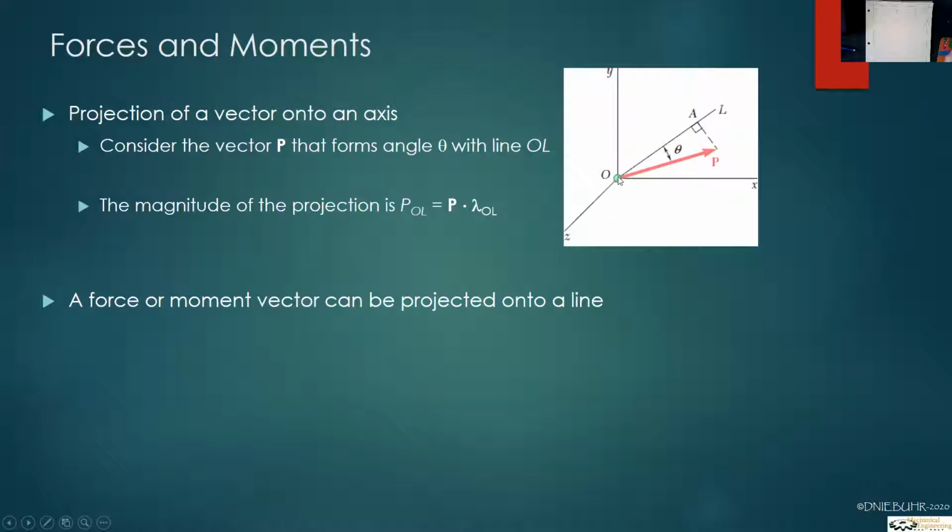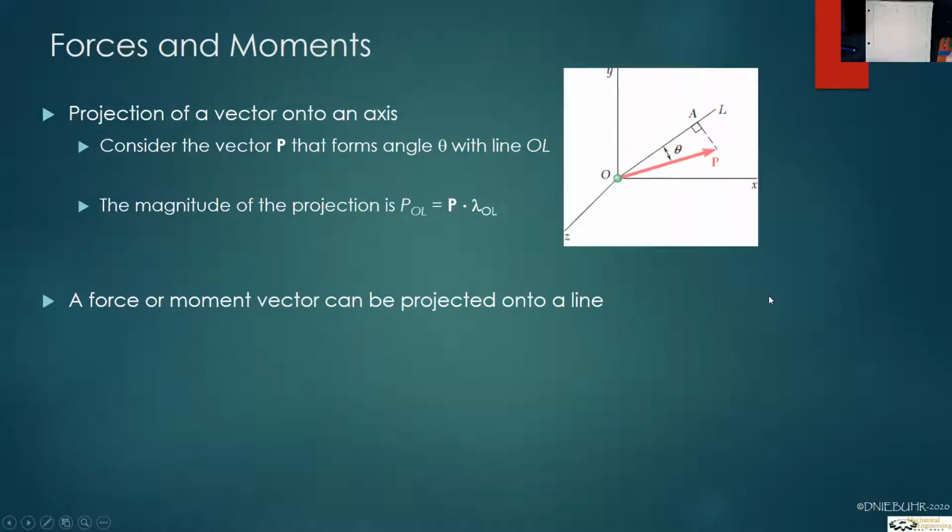That gives us the magnitude of how much of force P is actually on the line OL. We could take that one step further: once we know that magnitude P_OL, we could multiply it by the unit vector OL and get the actual directional vector.